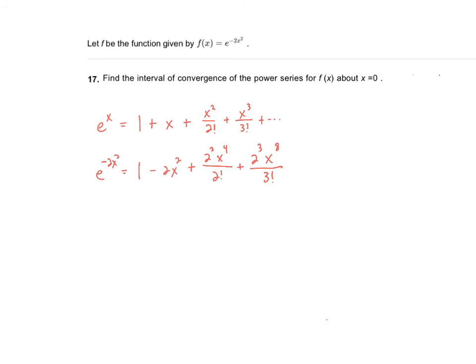Oh, wait, what am I doing? That should be a 6, and this should be minus.